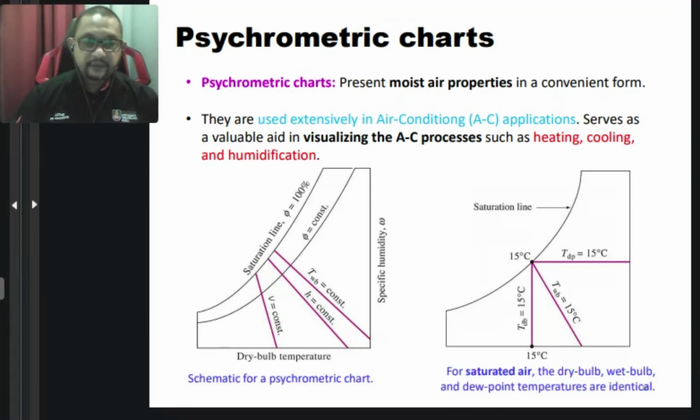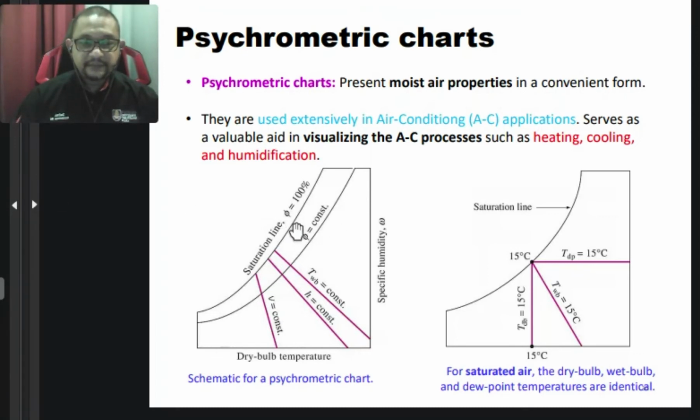For saturated air, the dry bulb, wet bulb, and also the dew point temperatures are identical. The dew point temperature of atmospheric air at any point on the chart can be determined by drawing a horizontal line from the point to the saturation line.